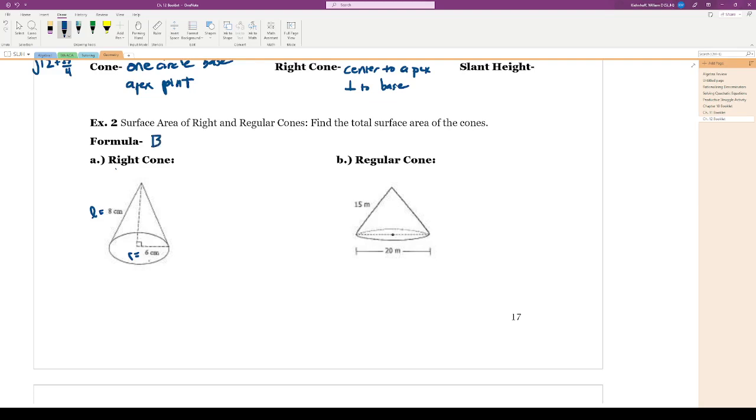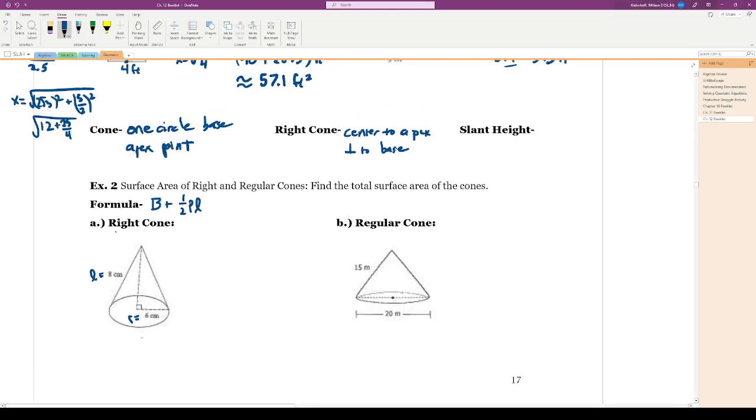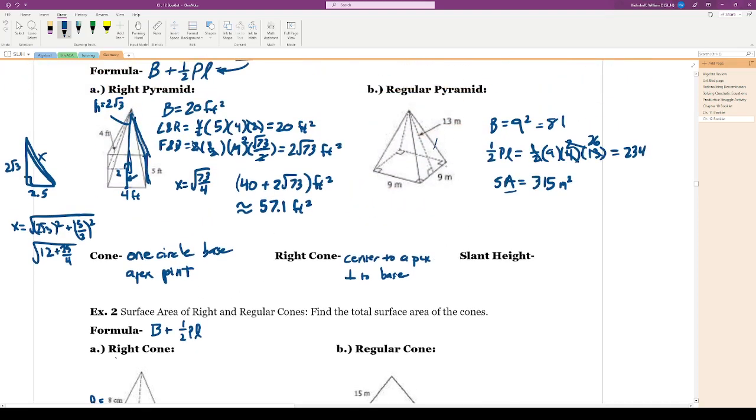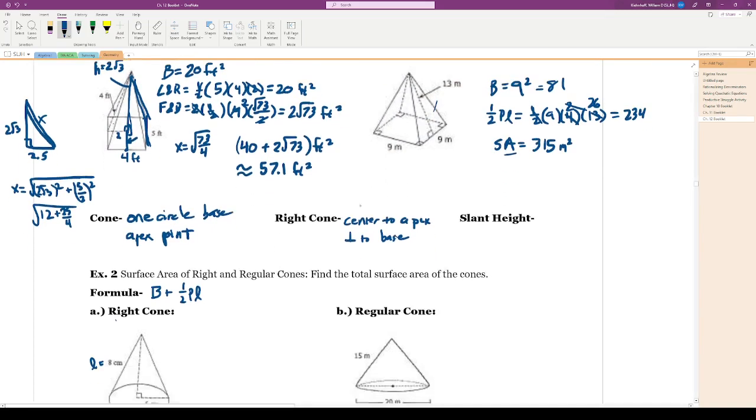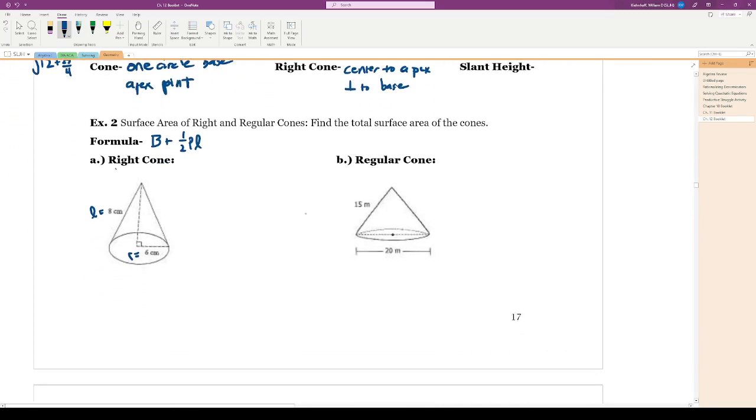We have the area of our base, that's the circle, plus 1/2 the perimeter times the slant height. So it's basically the exact same formula because we're basing it on perimeter, and just this one has a circular perimeter, and this one had a polygon perimeter.